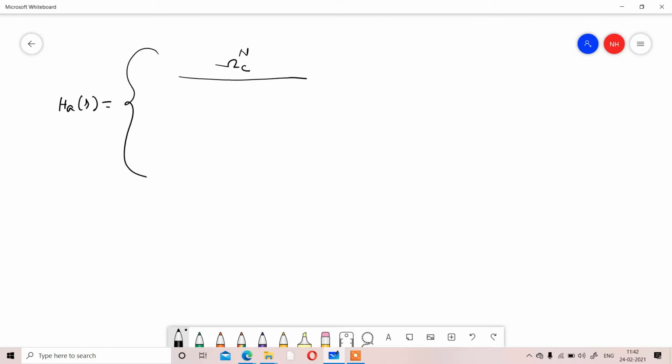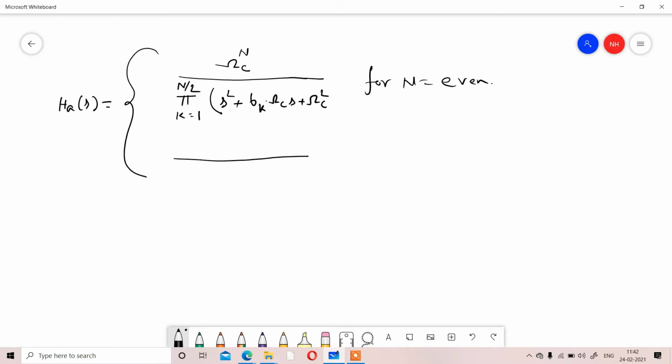omega c to the power n, continued product of k equal to 1 to n by 2 of s square plus bk omega c s plus omega c square, that is for n equal to even. And for n equal to odd we have omega c to the power n.